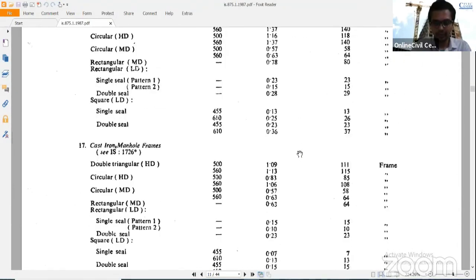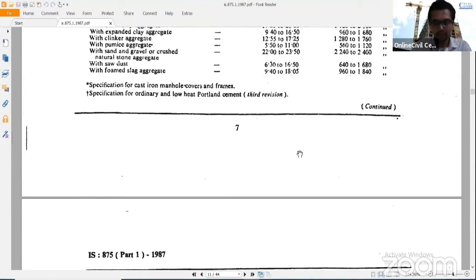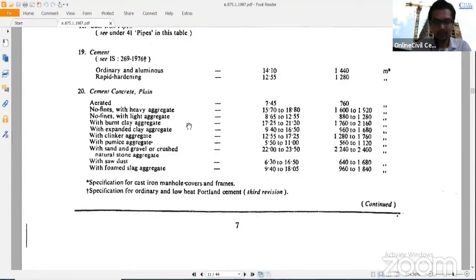Anything related to the cement or the mortar has been given here, we'll find out. Now here you can see cement plain. Here it is given cement with sand and gravel or crushed natural stone aggregate. It's in the range of 22 to 23.5. So the plain concrete range has been given here. Aerated, non-aerated, everything is given.